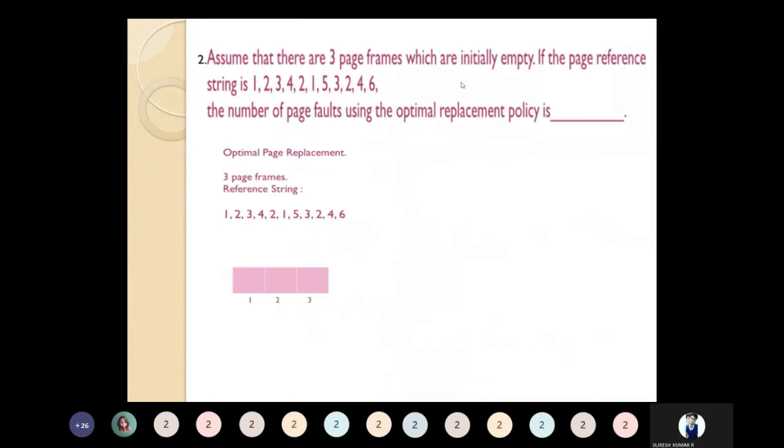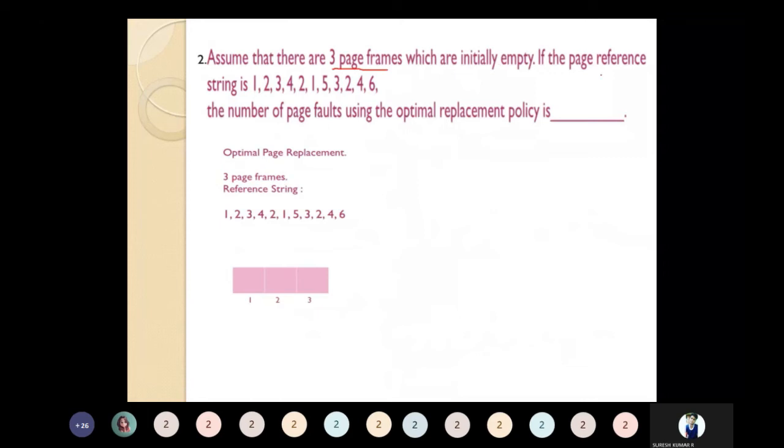Next, the second question. Read out the second question here. Assume that there are three page frames, that is, slots or page frames, which are initially empty.